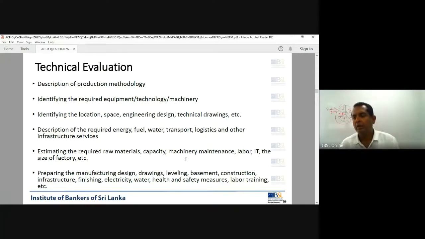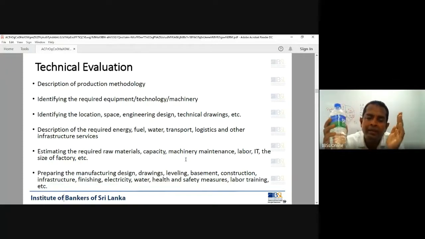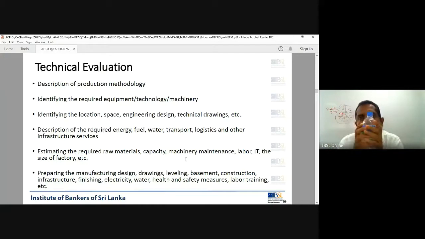Right? See, this bottle can be produced with high tech or medium tech. This bottle can be produced by an American Cincinnati machine or an Indian machine or Chinese machine.